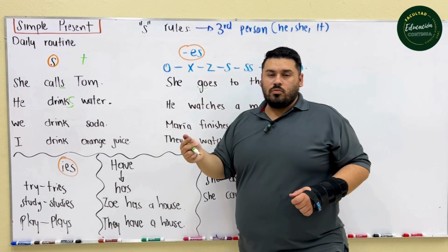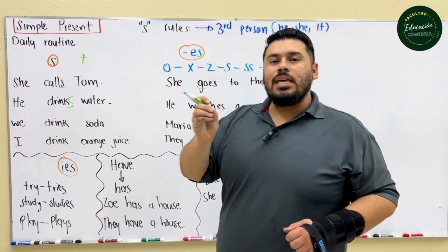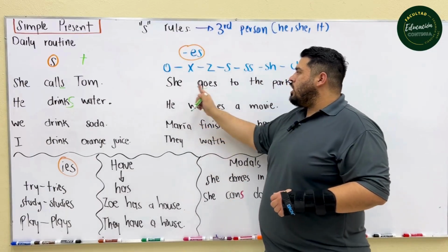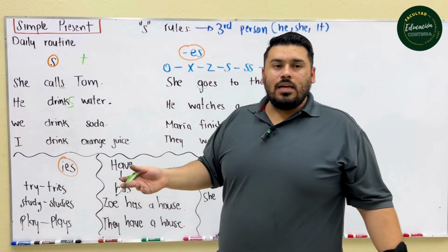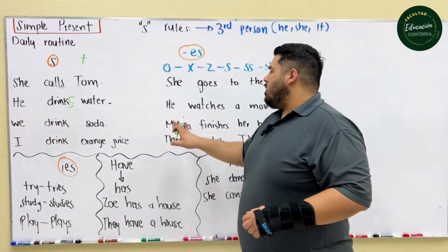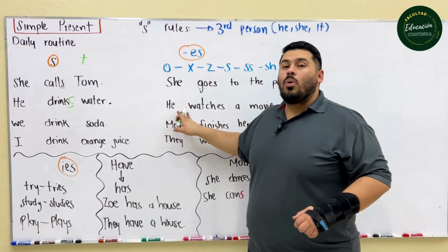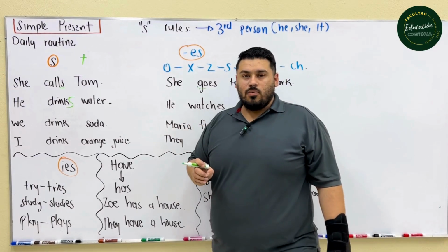The verb go ends with O, so we have to add ES: goes. She goes to the park. The meaning is the same. It's just a rule. Now, he watch, he watches. He watches a movie.